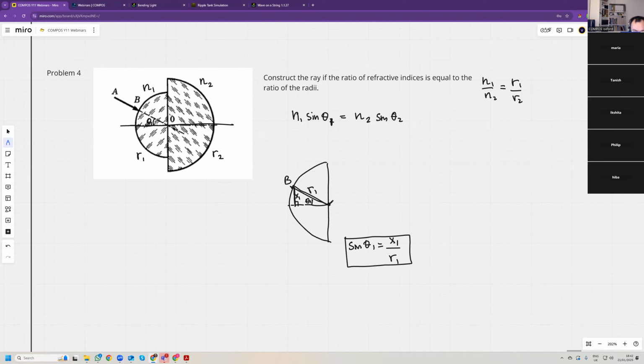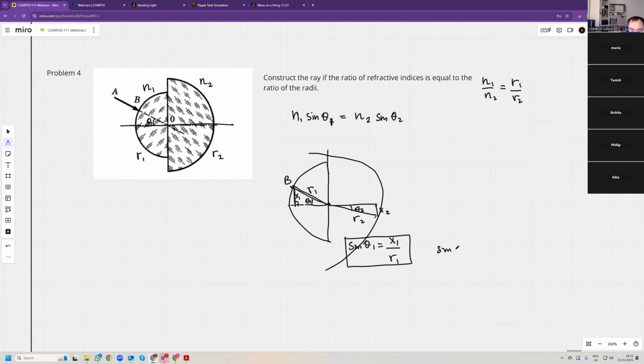Now, when the ray goes through, it refracts. The refractive index of this is greater, so it goes this way. And I've got θ2, and I also get x2, in similar fashion. This is R2.